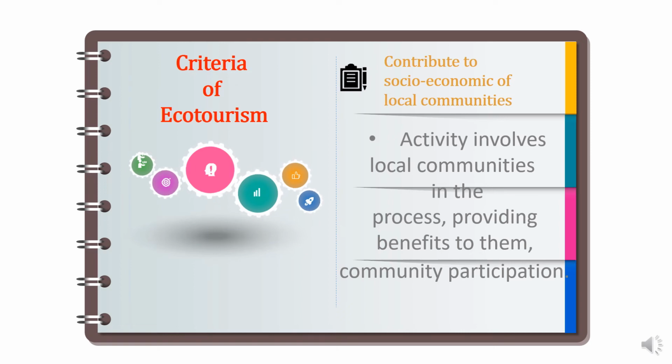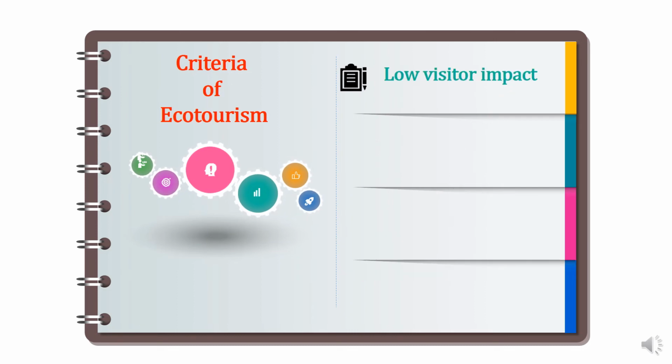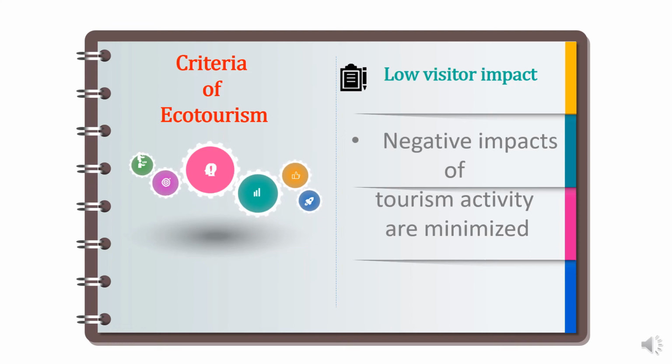So all the activities involve local communities in the process, providing benefits to them, community participation. Low visitor impact. Okay, this is also important because we need to lower the visitor impact, and negative impact of tourism activity is minimized. So we need to really minimize the negative impact.